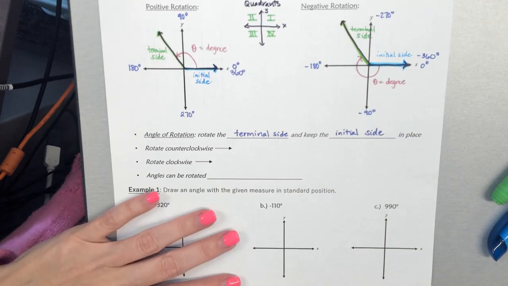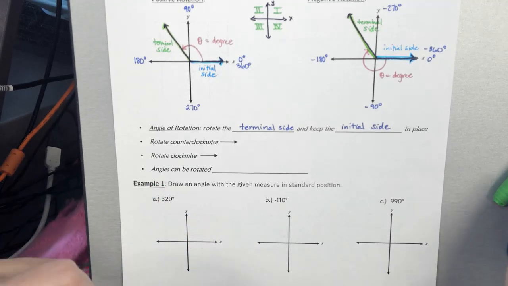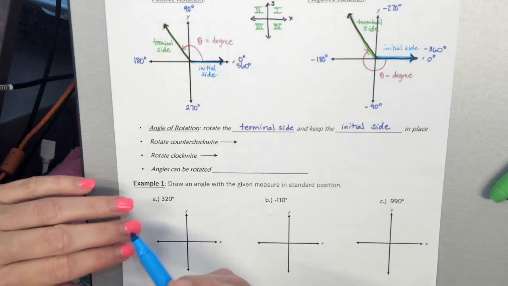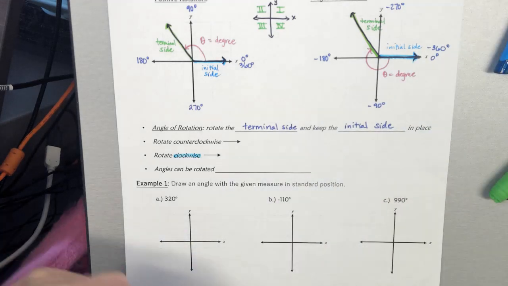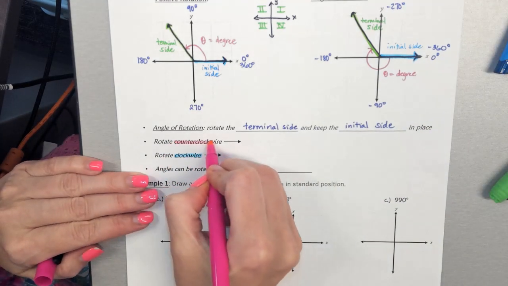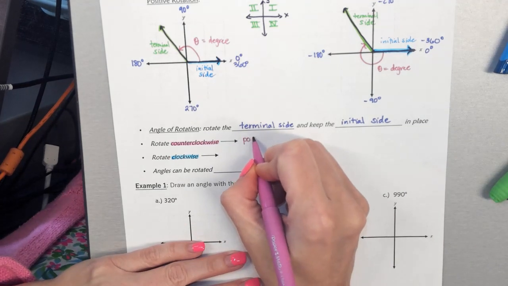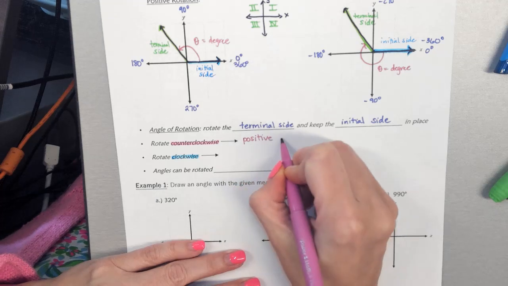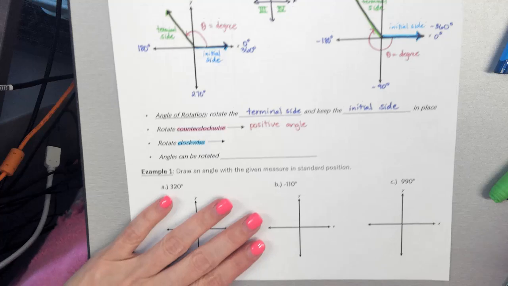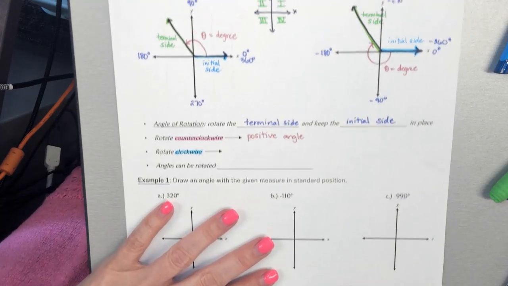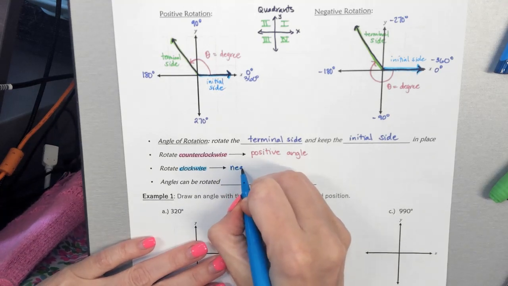If you rotate counterclockwise, that is going to be a positive angle. And if you rotate clockwise, that's going to be a negative angle. So counterclockwise is going to produce a positive angle, and clockwise is going to produce a negative angle.